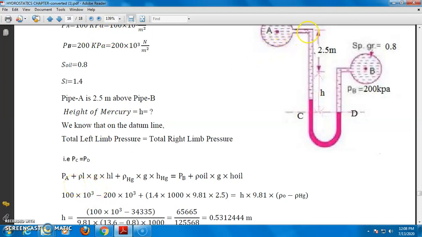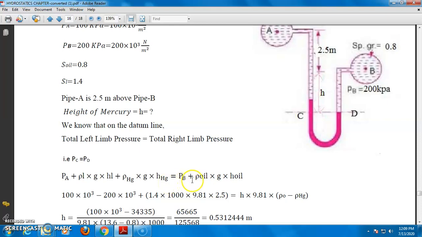Then the height of that liquid: rho 1, the density of that liquid, into G, into the height of that liquid. Then plus the density of that mercury into G into the height of that mercury is equal to, this is the left side.